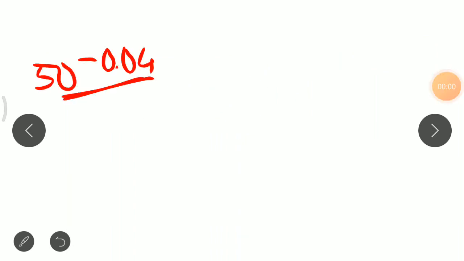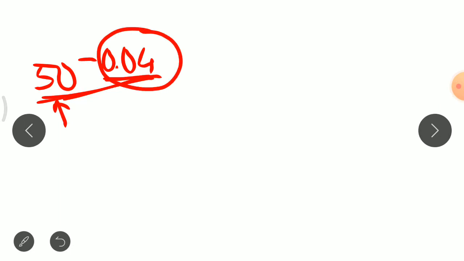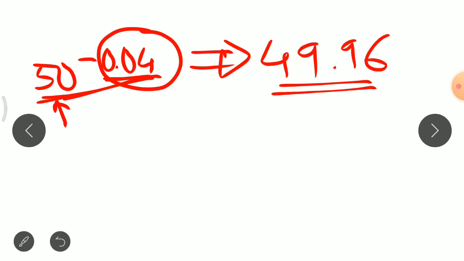After this example, the third example is 50 with allowable dimension minus 0.04 mm. That means 50 is the basic size and we can manufacture down to minus 0.04 mm. Now the final dimension becomes 49.96 mm. Up to this dimension we can manufacture a shaft from 50 mm. But when we have to calculate tolerance, we don't have the upper limit.